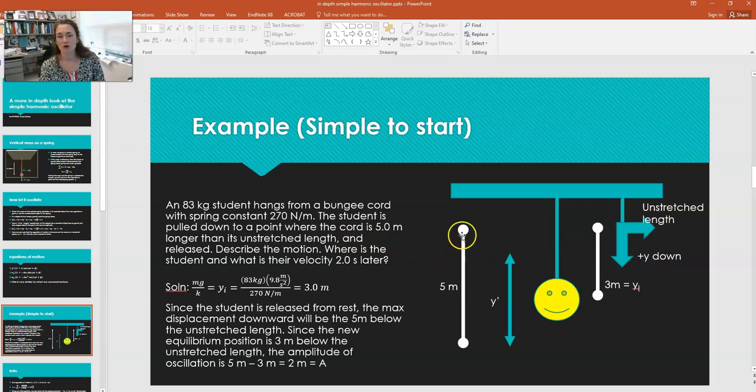So what I've got here is on the far left a white bar showing how far down it's pulled when you first start. Okay.